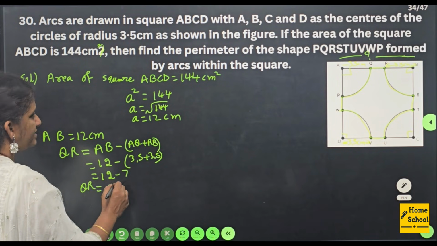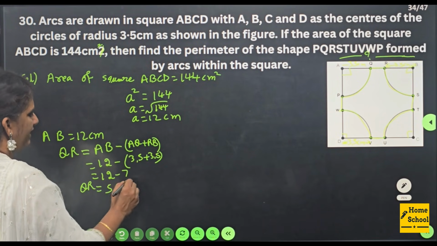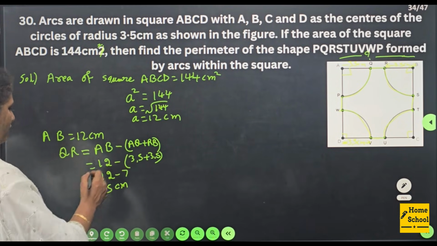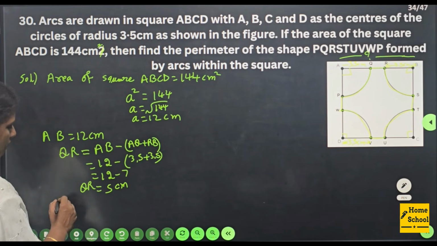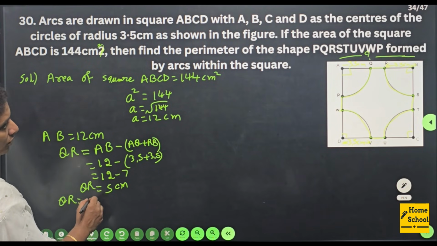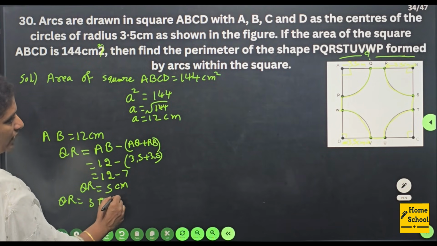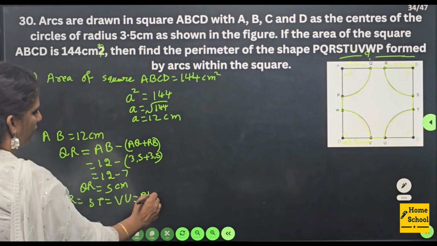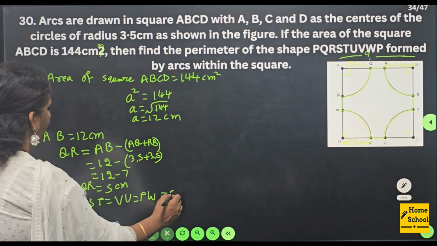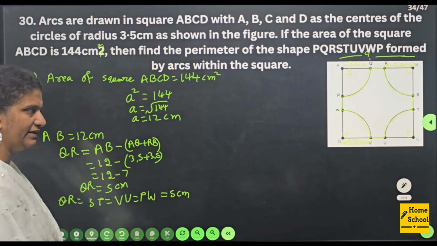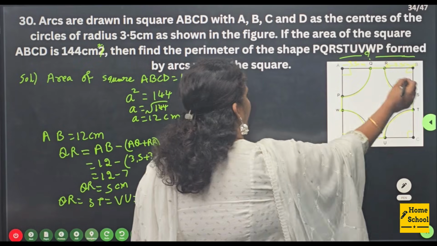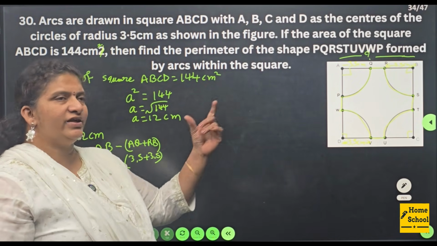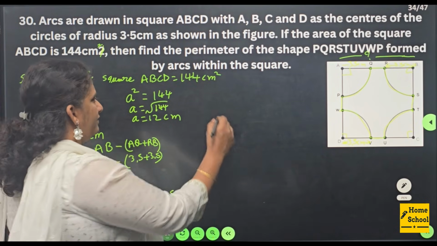Therefore, QR is equal to 5 centimeters. If QR is 5, then what can I say? QR is equal to ST is equal to VU is equal to PW or WP. All are equal to 5 centimeters. This is 5 centimeters. Now next step, we need to find the arc length.